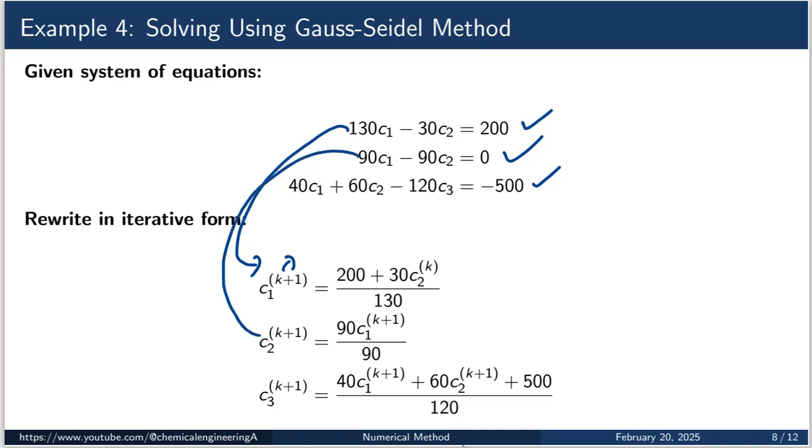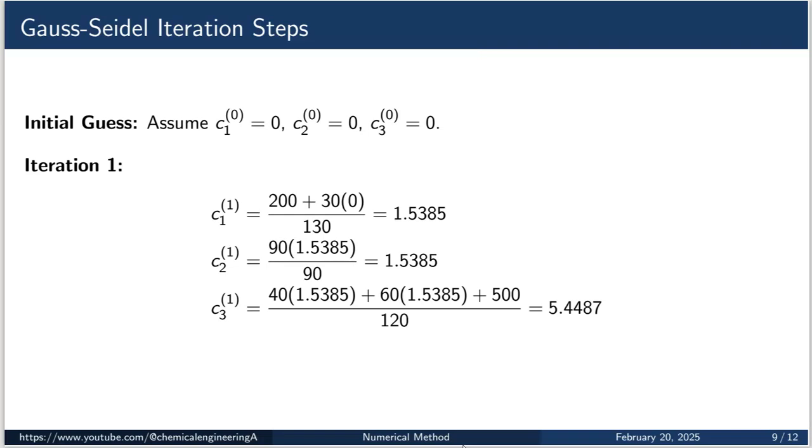From the second equation, C2 at k plus 1 is 90 C1 at k plus 1 divided by 90. And C3 at k plus 1 is equal to 40 C1 at k plus 1 plus 60 C2 at k plus 1 plus 500, divided by 120. For the Gauss-Seidel method, initially at iteration 0 we take C1 equal to C2 equal to C3 equal to 0.